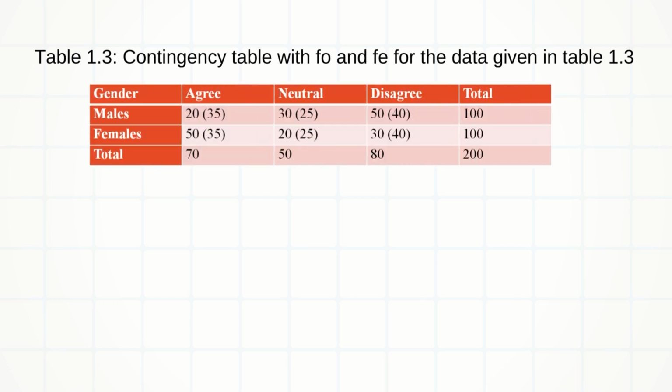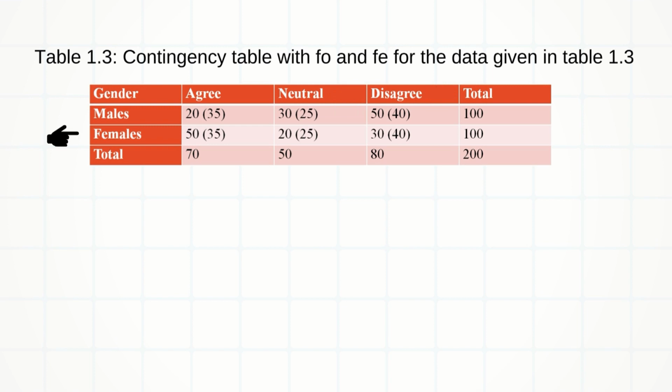So, here you can see in table 1.3, which is a contingency table with observed and expected frequencies for the data given in table 1.2. Here you can see after calculation the expected frequencies are: in the males category, in the agree category 35, in neutral category 25, in disagree category 40, and the total is 100.